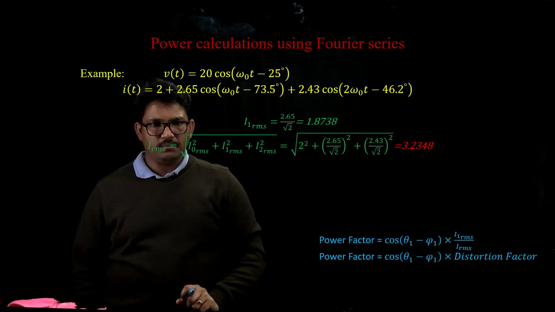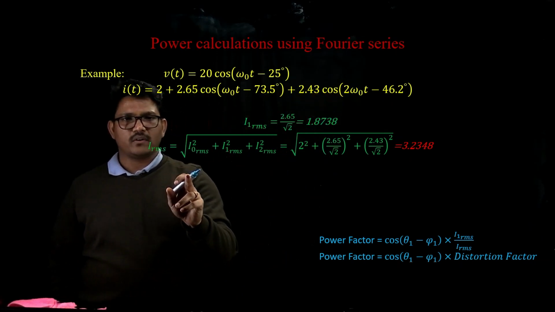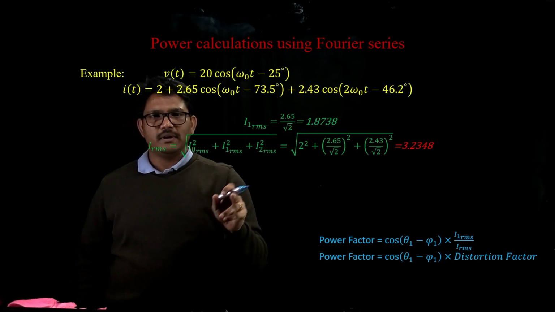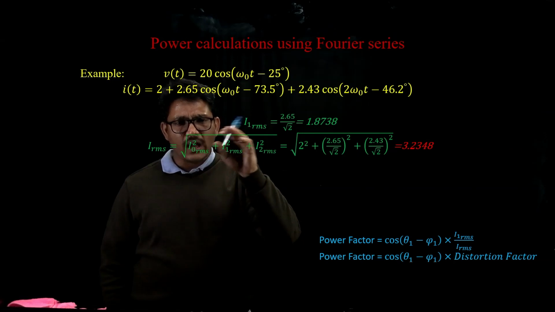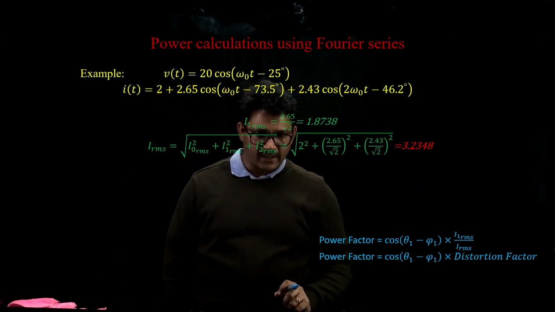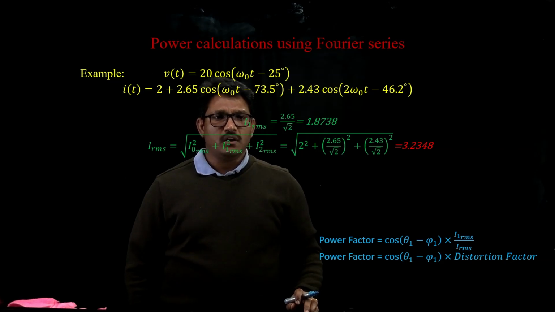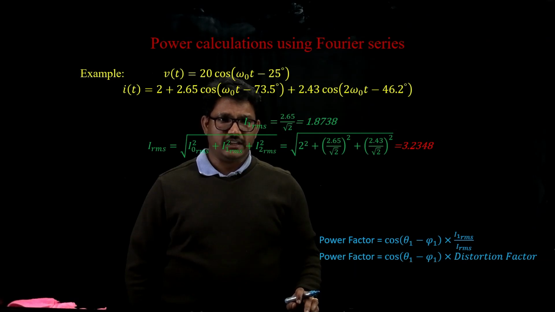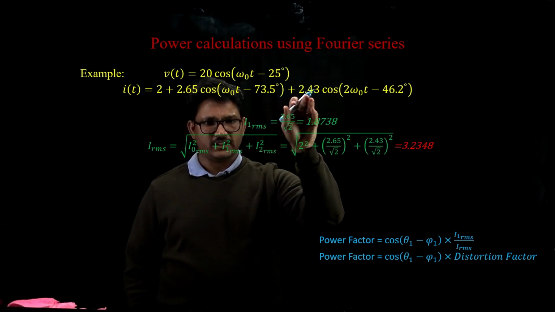You got I1 RMS. Now, the RMS value of the total current is nothing but the square root of I0 RMS square plus I1 RMS square plus I2 RMS square. Now you have the total RMS current. After you have these two, you also have the cos of the phase angle difference between the voltage and current that corresponds to the fundamental frequency, that is minus 25 minus of minus 73.5.